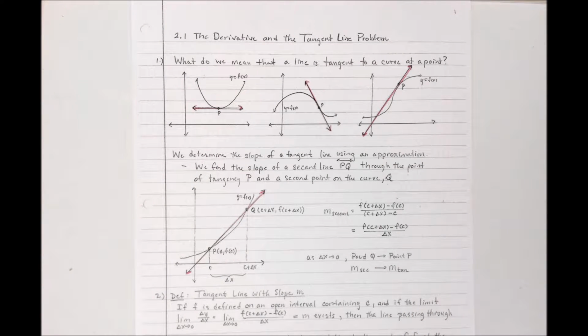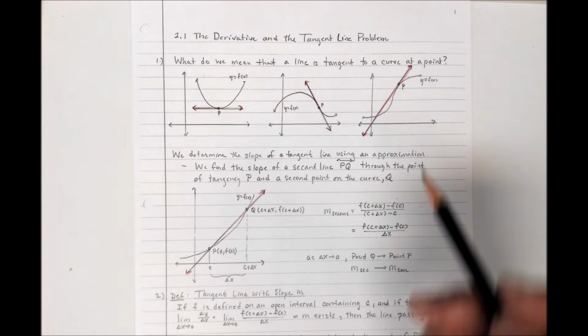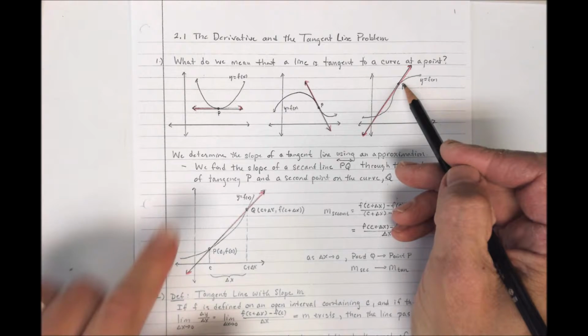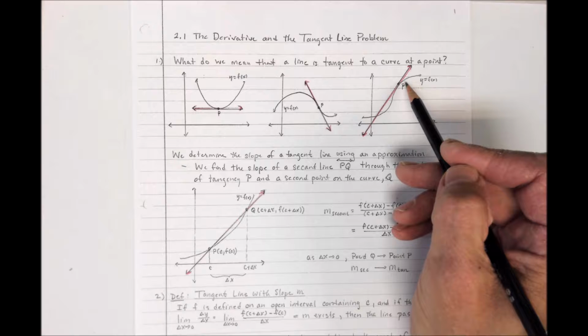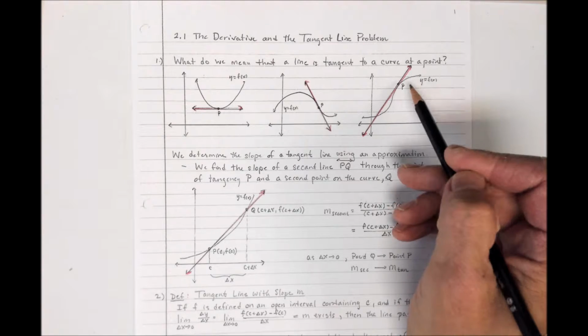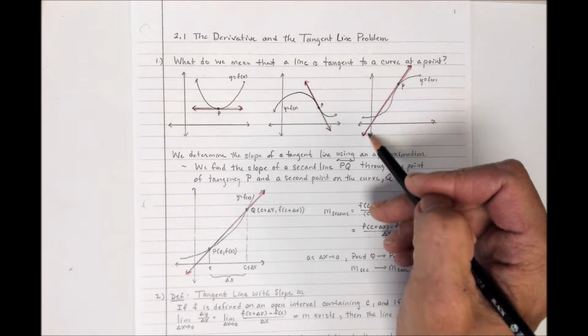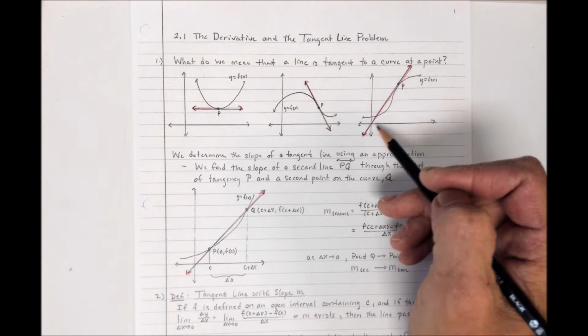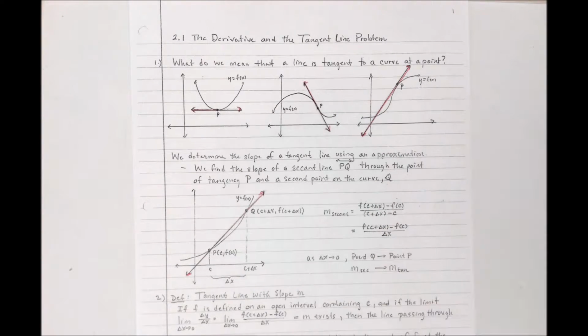And then we have the third possibility, similar to the first example, where we have our tangent line at the point P, but because of the way the curve is drawn, the line actually intersects it in more than one place. Is that considered a tangent line? So we're going to have to define what we mean here by tangent lines to a curve.